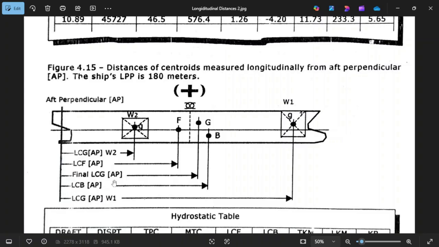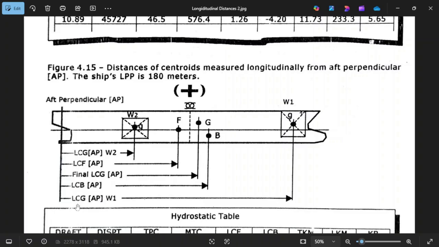With the final LCG, I'm sorry, it's not freshwater fuel oil, it's final LCG, measured from up perpendicular going to this center, okay? And your longitudinal center of buoyancy is measured from up perpendicular going to the center of gravity. I'm sorry, this one, the center of buoyancy.